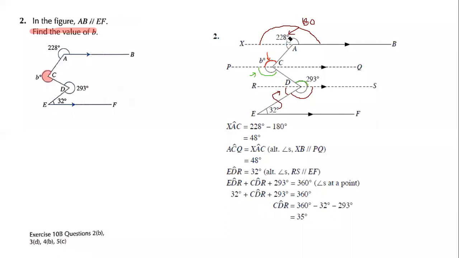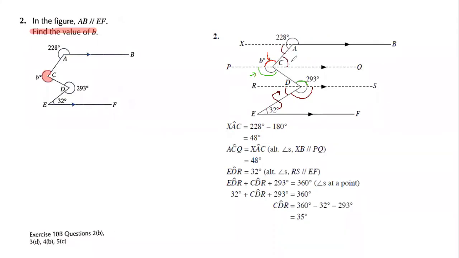So we will subtract this total angle here, which is 180 degrees, from this 228, and there it is done, and we have the value here, which is 48 degrees.